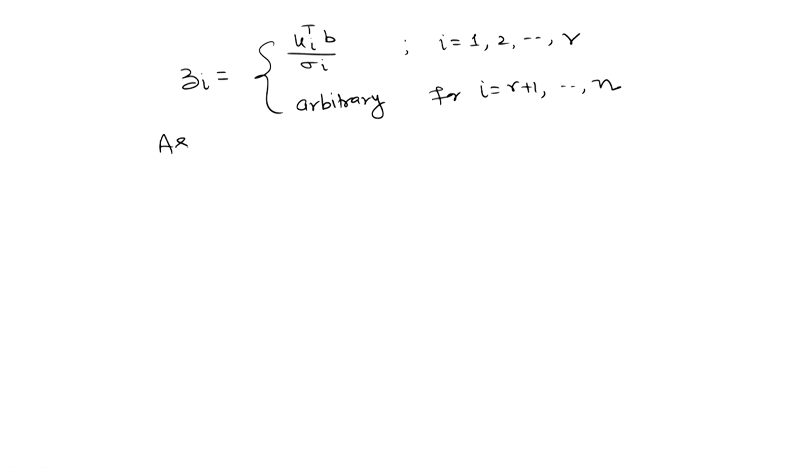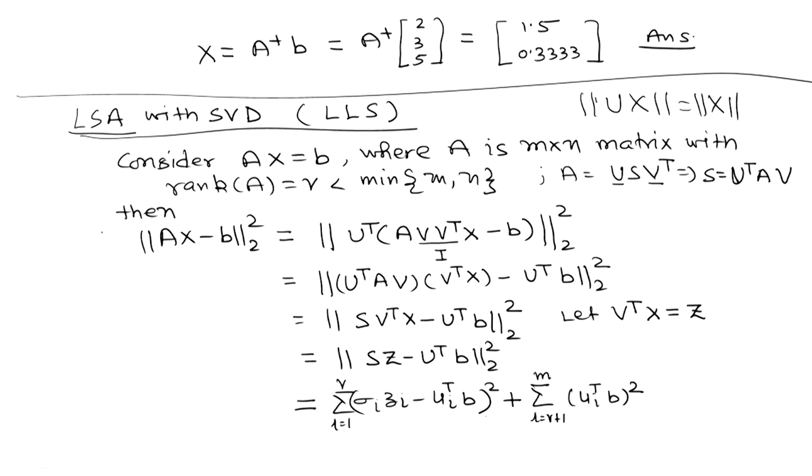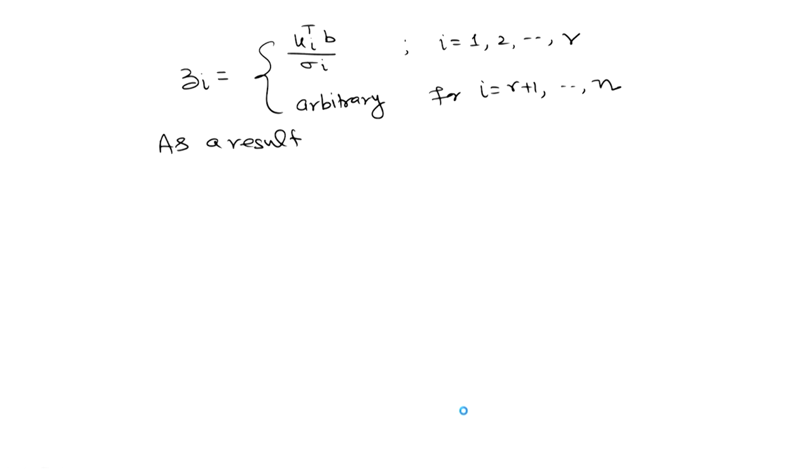As a result, if z i equals this for the first r, then the first term will become 0. So, the minimum x and the least square error in this solution will become the summation from i equals r plus 1 to m of u i transpose b, whole squared.